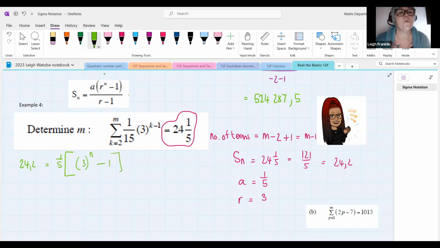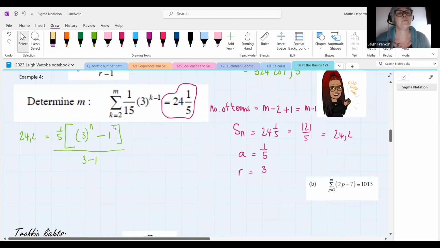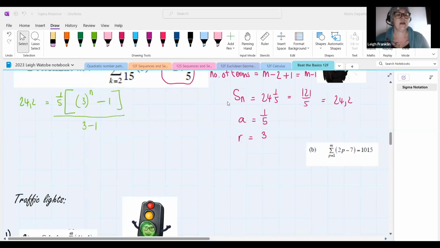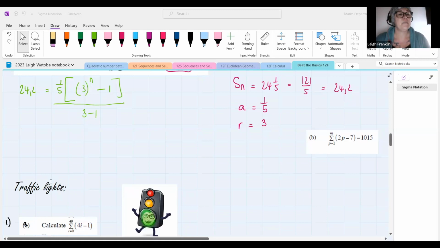So minus 1 over R minus 1. So that would be 3 minus 1 like so. Okay, so now what we want to do is isolate 3 to the n. Okay, so this is the bit that's a little bit tough mathematically.